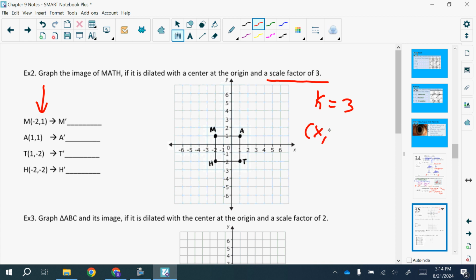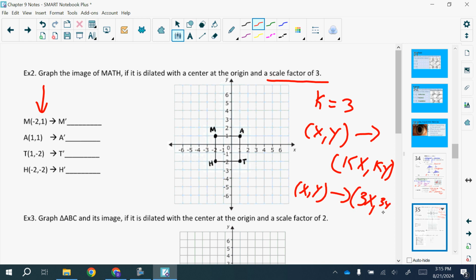In coordinate notation, in general it's kx comma ky, which in this case means we go from x comma y to 3x comma 3y, because that is our K.